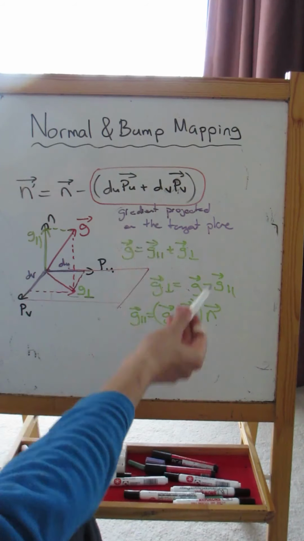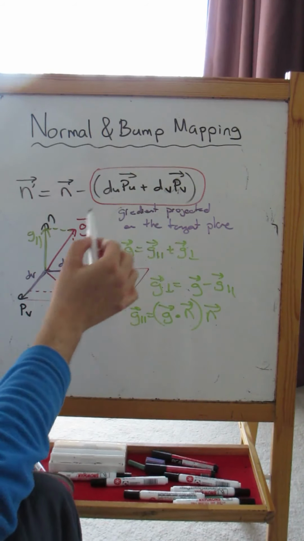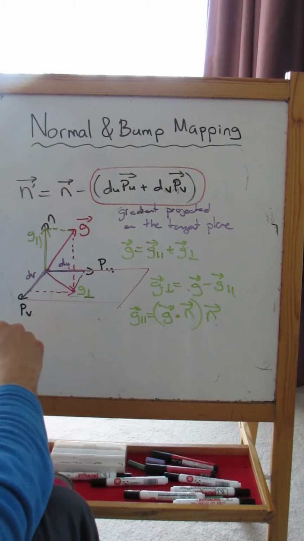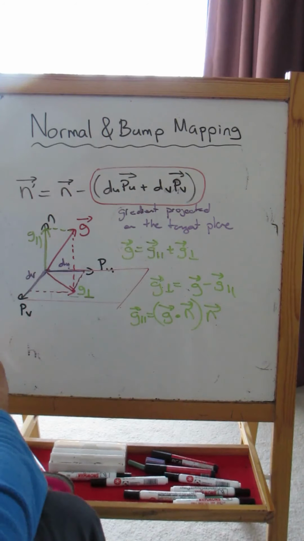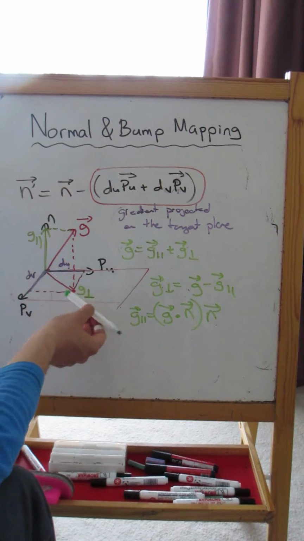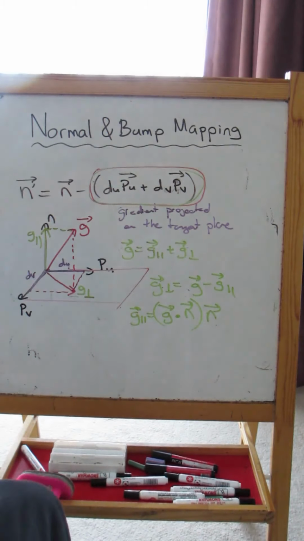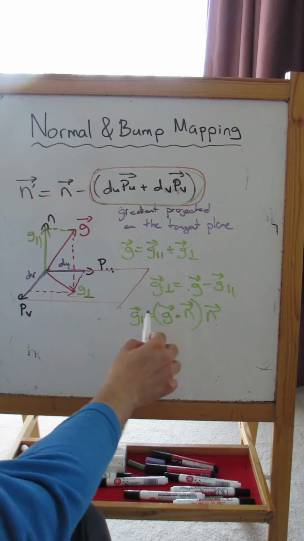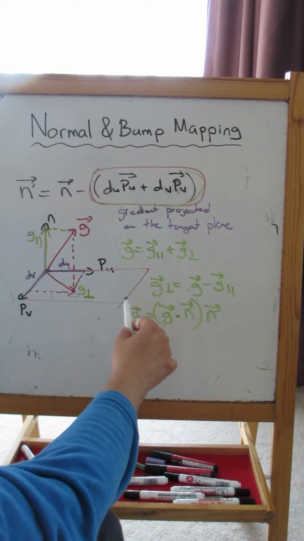Okay, so to repeat, we first find the gradient of the Perlin noise function. Then we project this gradient onto the tangent plane. This represents the vector that we will use to perturb the original surface normal. The projected gradient can be found from simple vector algebra.